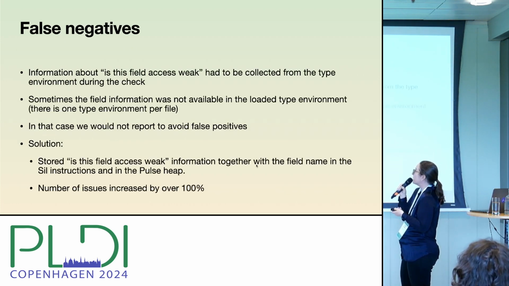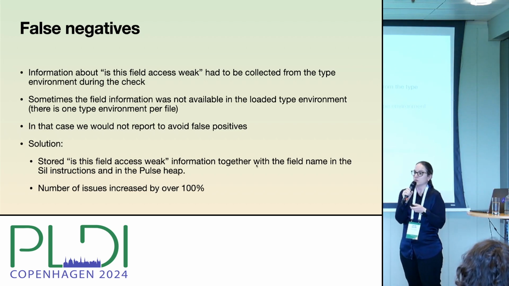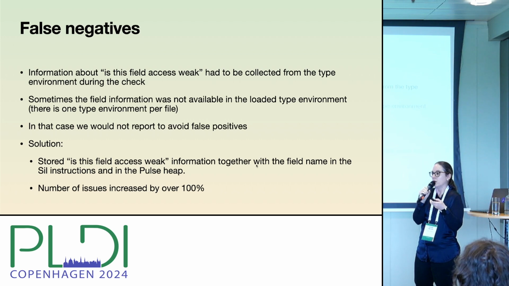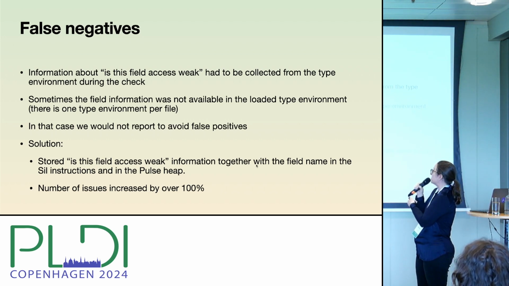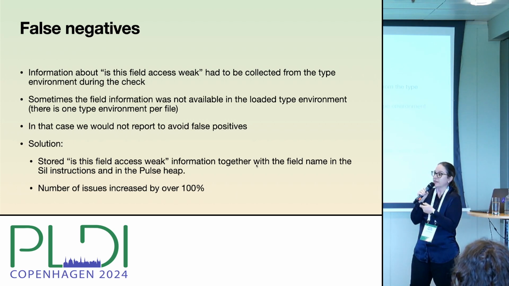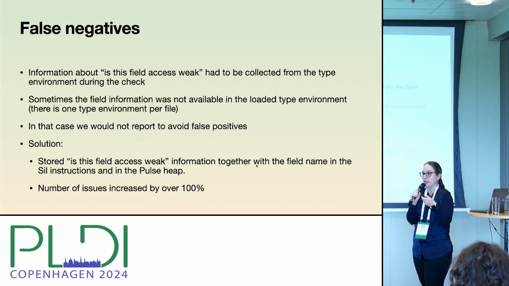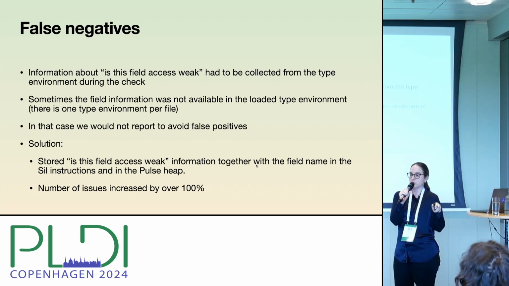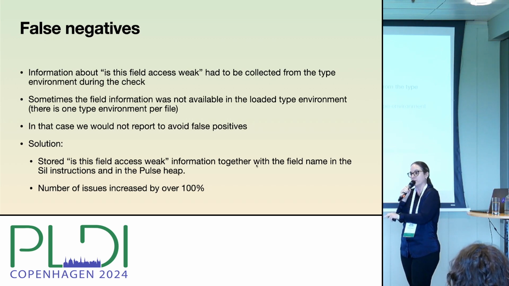So for false negatives, we had this implementation problem of where we find whether this field access is weak. It was in the type environment. The Clang frontend produces a type environment for each file, so there are different type environments.